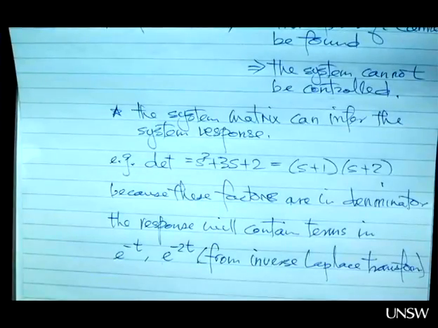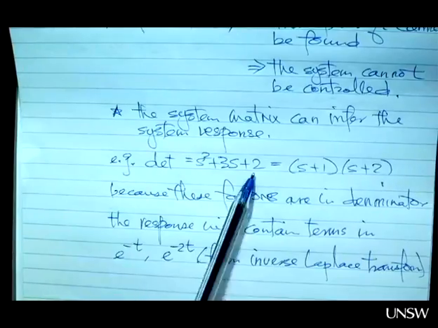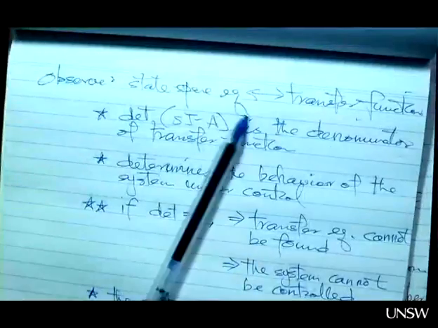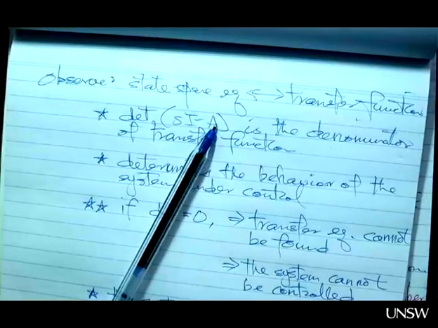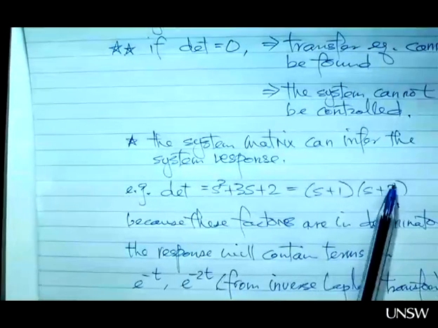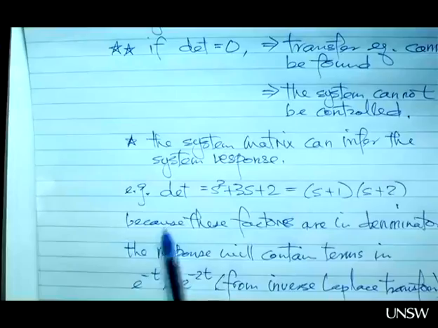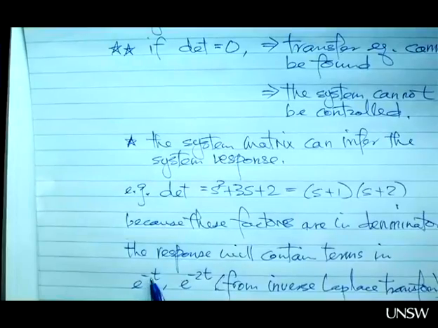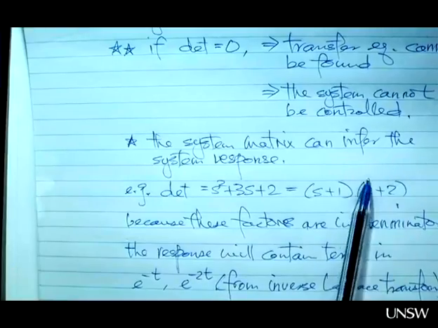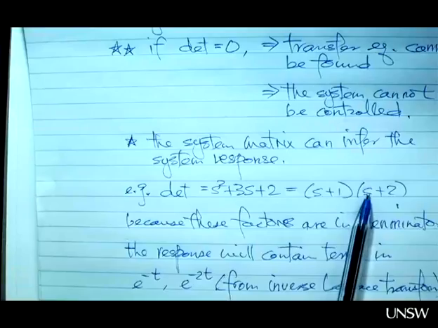Because this determinant is calculated only from A, if we do the inverse Laplace transform, we must have some terms, the exponential of minus t and the exponential of minus 2t, according to the poles, according to the solutions of the s variable, these two solutions.